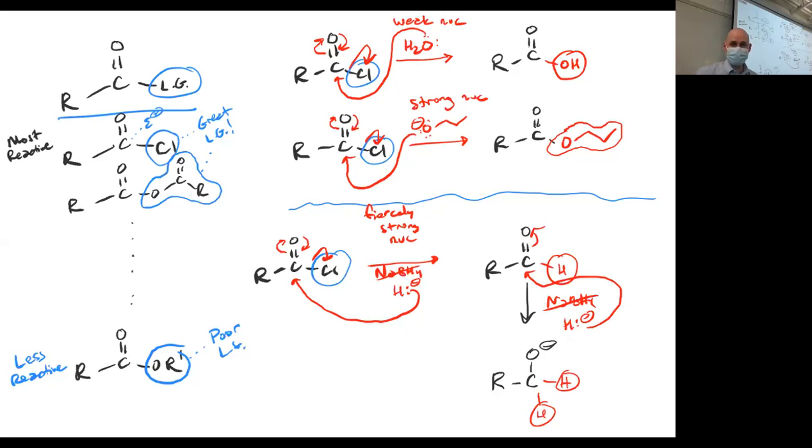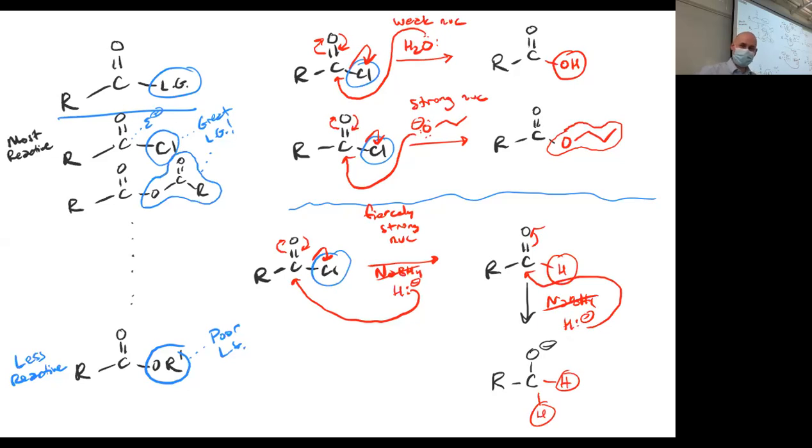Fiercely strong nucleophiles. Do they attack acid chlorides? Yes. And look what you'll always get. You'll always get a hydrogen or a carbon there, which means you'll always get a ketone or an aldehyde. And do fiercely strong nucleophiles react with ketones and aldehydes? Yes. So will they always attack these guys twice? Yes. And you won't be able to control it.